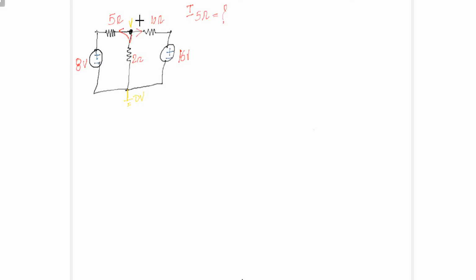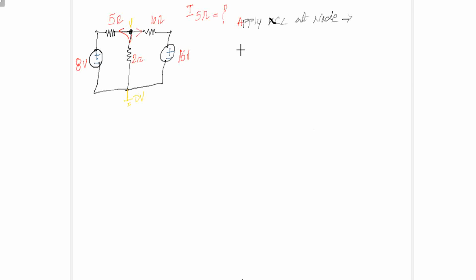It means that the respective node voltage has higher potential compared to other potentials. So let us write KCL. Apply KCL at the node.